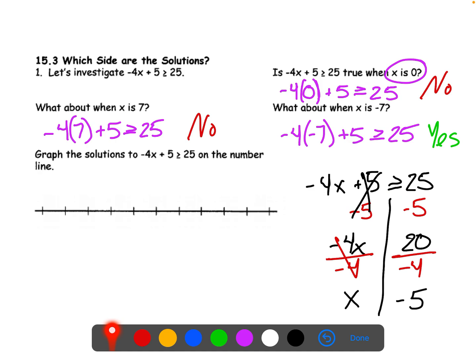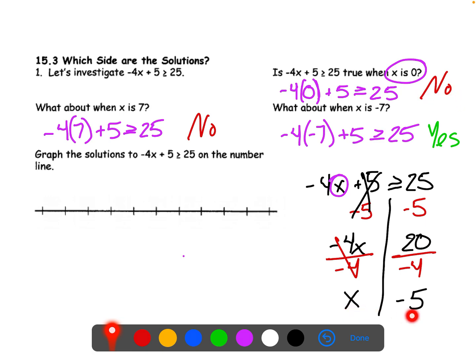So let's say, we already did this, but let's say x equals 0. If I put a 0 in here and solve this inequality, negative 4 times 0 is 0, plus 5 is 5, and 5 is not greater than 25. So 0 is not a value of x. We said that right up here, when x equals 0, no, that's not a solution.